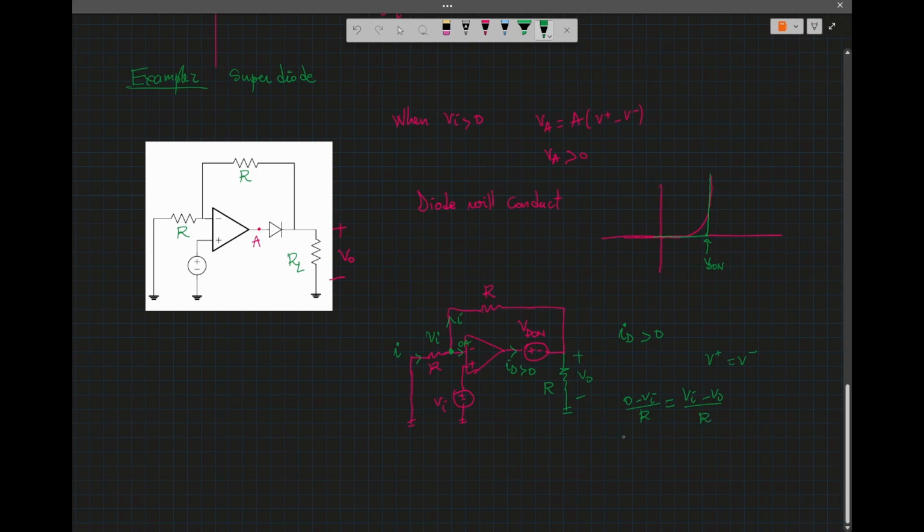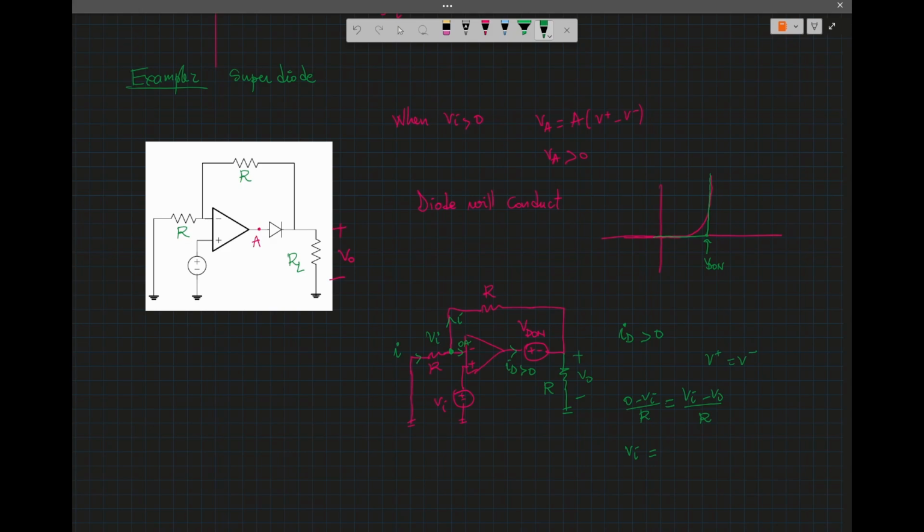So then what do we have? We have Vi, so we can just cancel, simplify the R. So that means Vi equal to V0. Equal to V0.